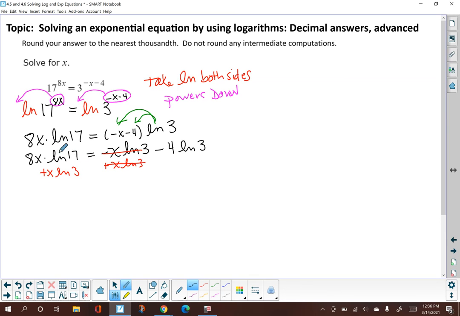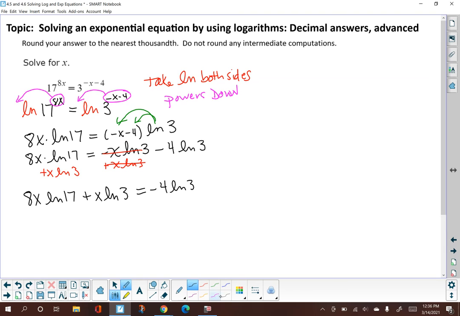Now I can't really combine these two terms because one has a natural log 17 and they're very different, so I'm going to keep them separate for a second. The only thing I have left over on the right side is this negative 4 natural log of 3.